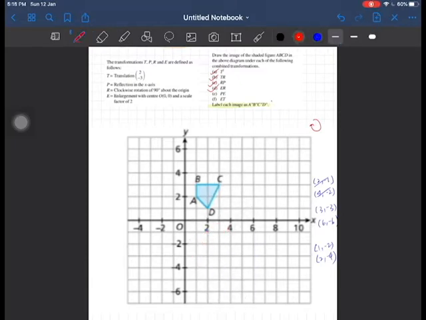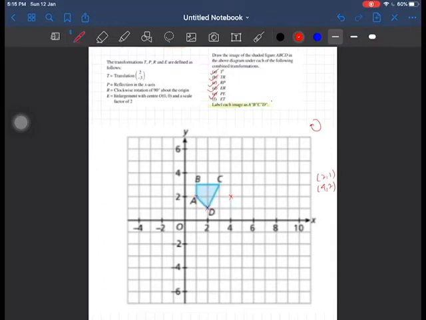So the next one, PE. PE. So enlargement. Again, we'll use the same method. (2, 1), (4, 2), (4, 2). Right? This is the (2, 1), right?